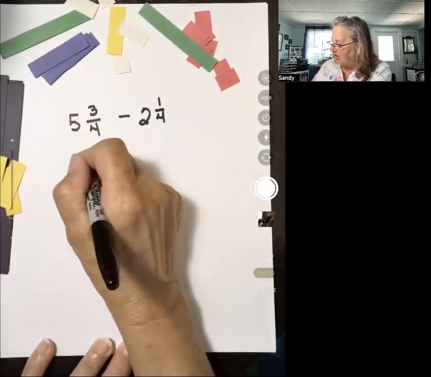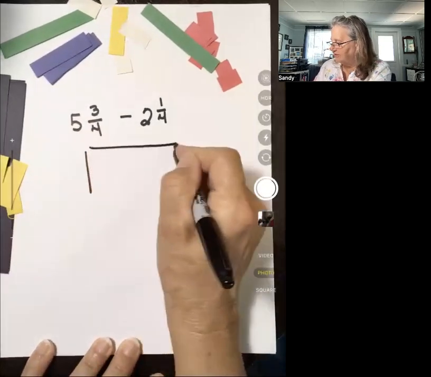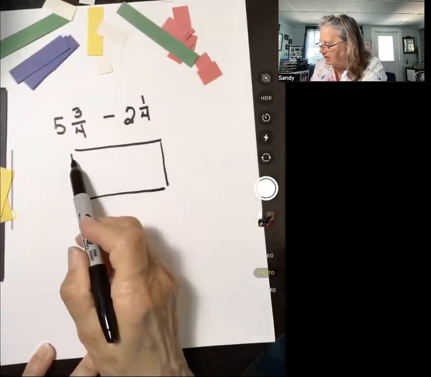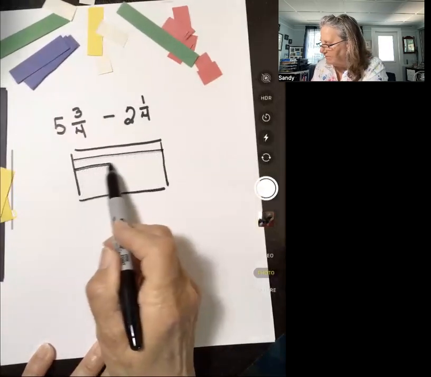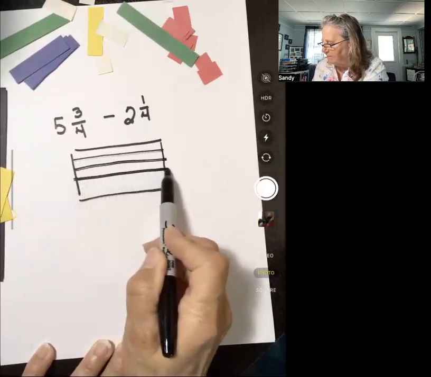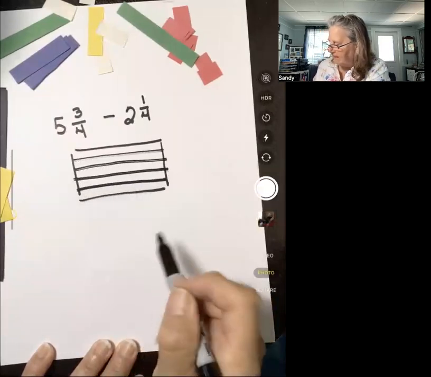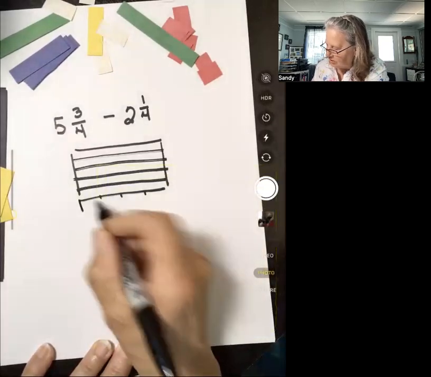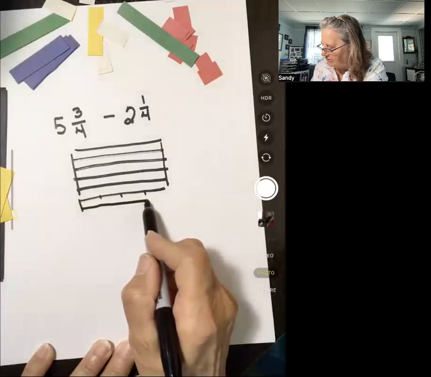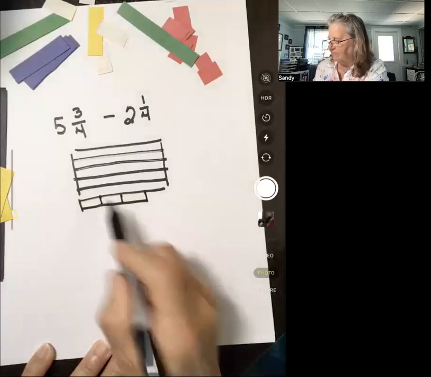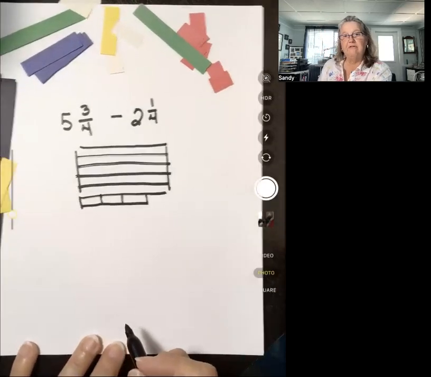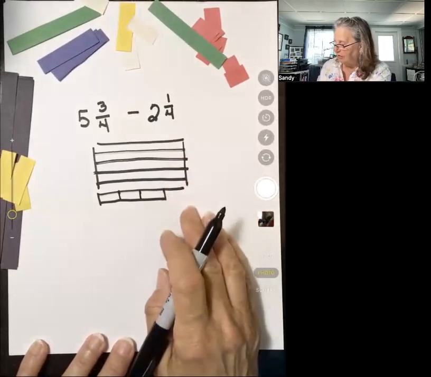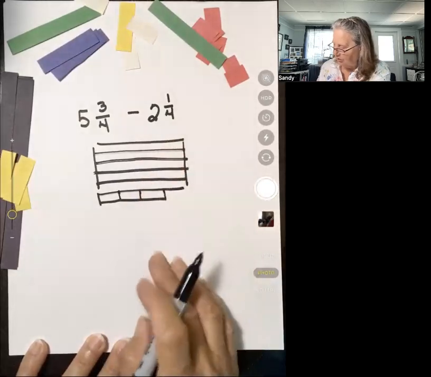These are easy. If I draw the related picture, as I said, I'm going to draw pictures that look like that strip model. So this would look like my model. See, I've got 5 3/4. I want to remove 2 1/4. So I'm going to remove 2 of the holes.